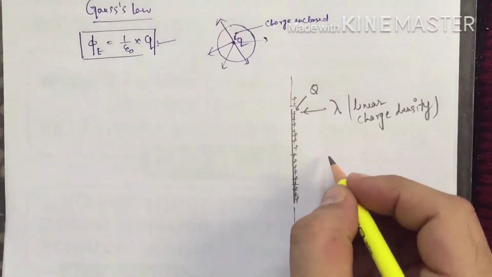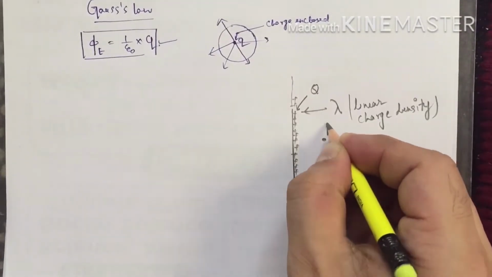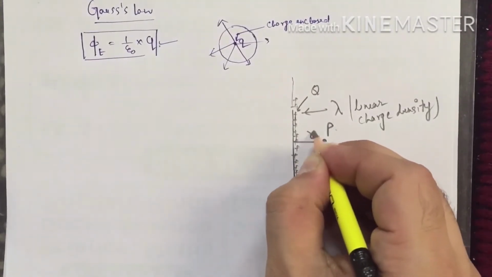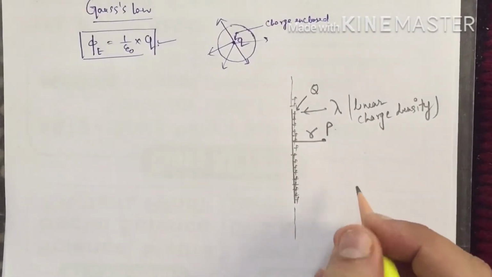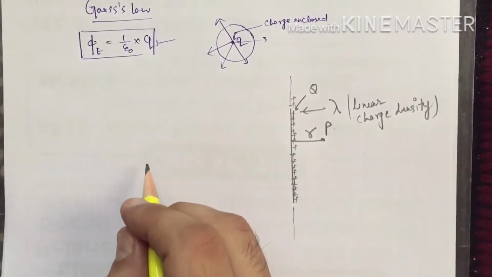Now we need to calculate electric field at any point P which is at a distance r from this distribution using Gauss law.